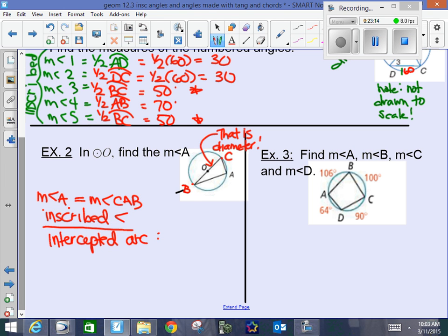Remember, if those rays were closed, what arc would collapse? The intercepted arc for CB, and since I put D in there, we'll do CBD, right? CB are the ends. Okay, now what do you know about CDB, the arc? Anything?